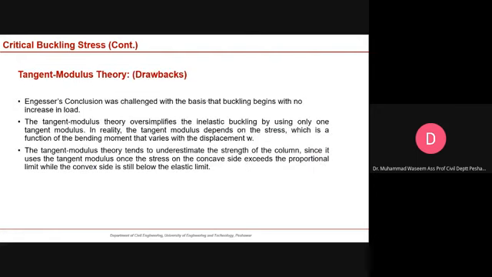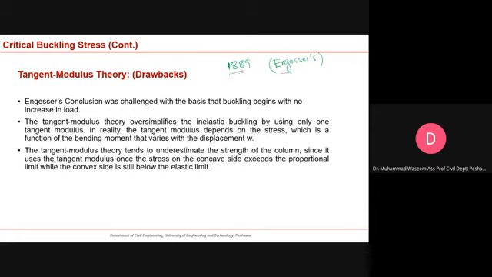We discussed that the tangent modulus theory was introduced in 1889 by Engesser, because he found that the Euler theory or the Euler equation, in order to estimate the critical stresses, was not giving reliable results in the inelastic range.